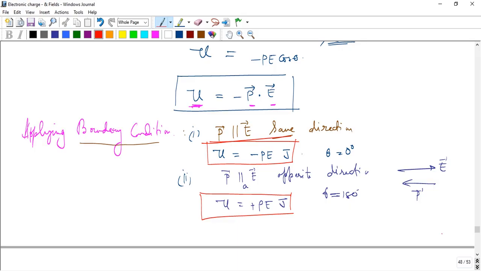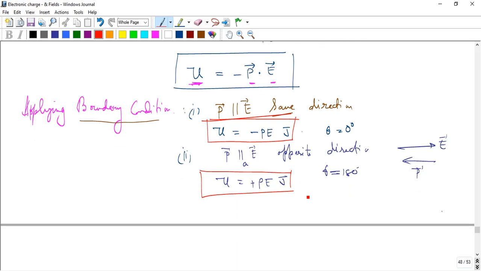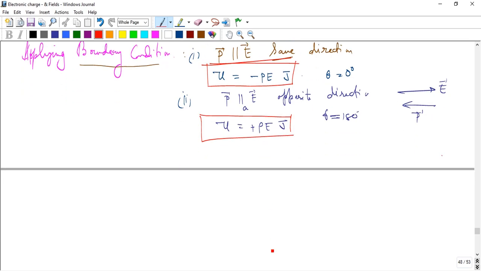When the dipole rotates from an initial orientation theta i to theta f, the work done on the dipole by the electric field is U initial minus U final. Now note that.